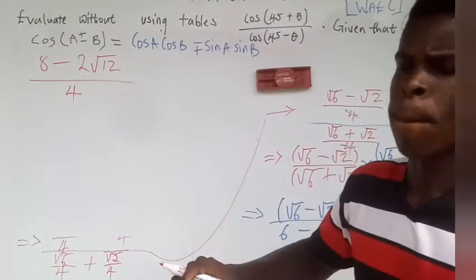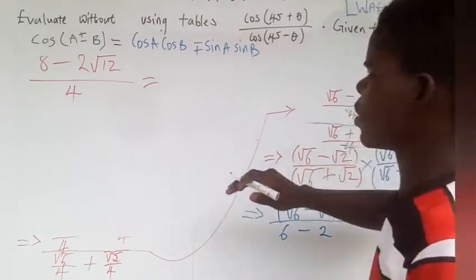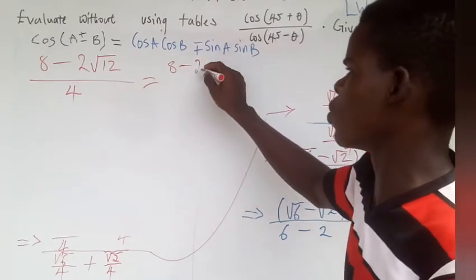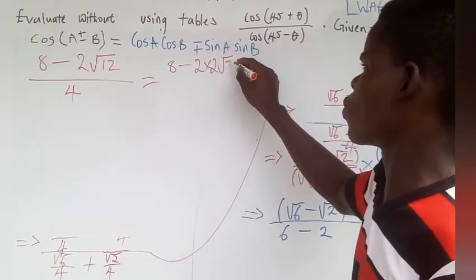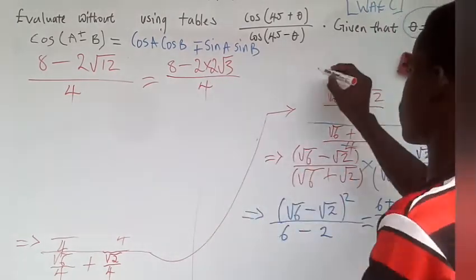Now, the root there can be simplified further. That will be 8 minus 2 times root 12, which is 2 root 3, over 4.